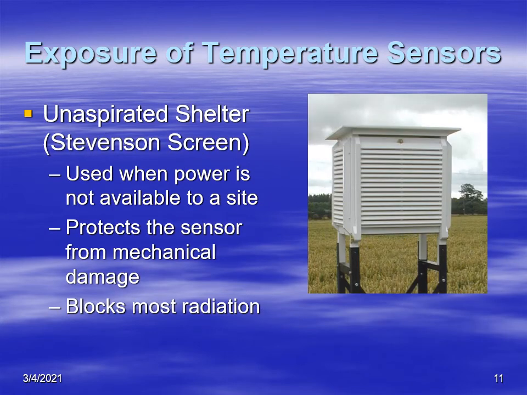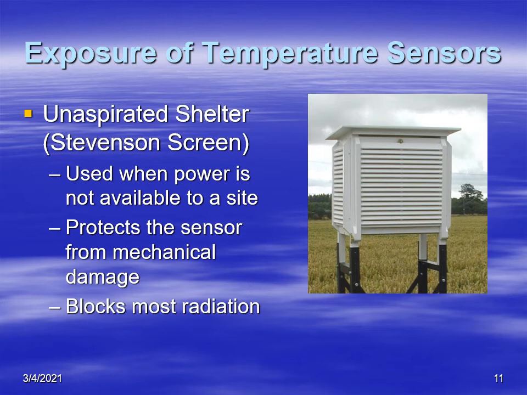Another way to minimize exposure errors is through the use of an unaspirated shelter. And the unaspirated shelter that's been standard with the Weather Service for years is the Stevenson screen. Stevenson screens are used when there's no power available to provide electricity for a fan.